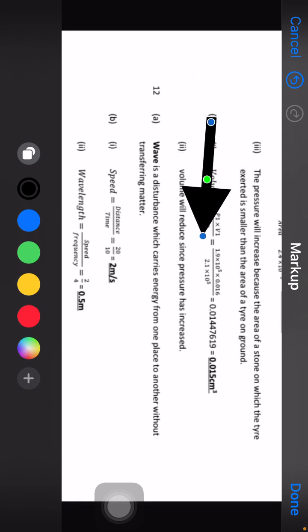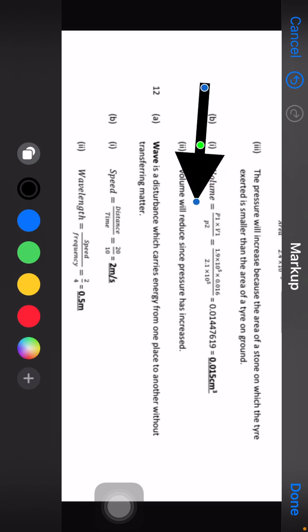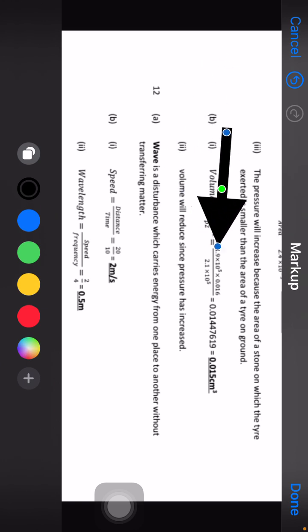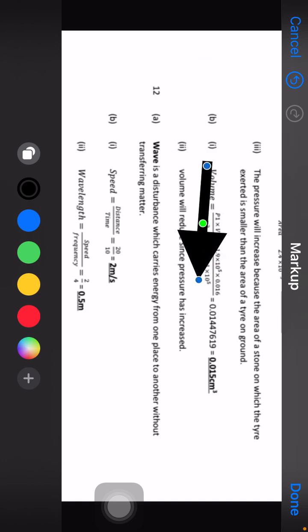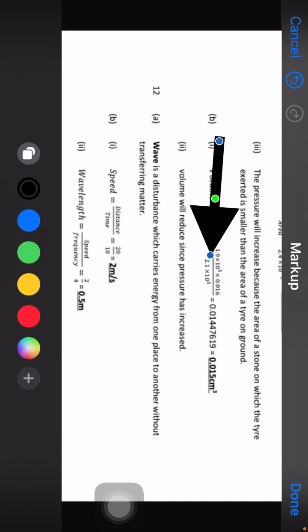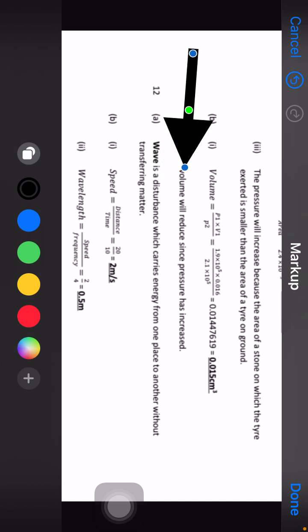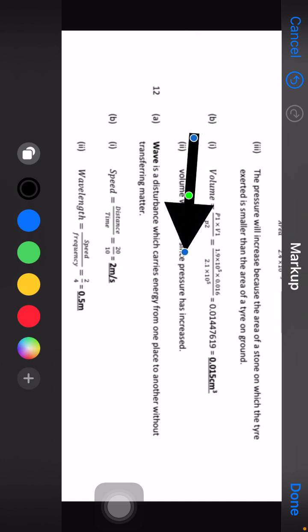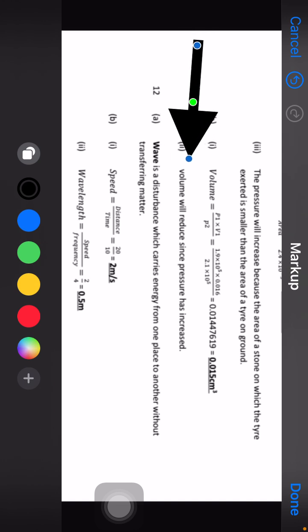It's a bit advanced. The guy making this pamphlet just went direct to the point, but you need proper explanation. If you don't know the law, you won't understand what's going on. You'll just be seeing numbers. So for you to understand, you need to know that there's a law under pressure. I've forgotten the name of the law, but it says that pressure 1 times volume 1 is equal to pressure 2 times volume 2.